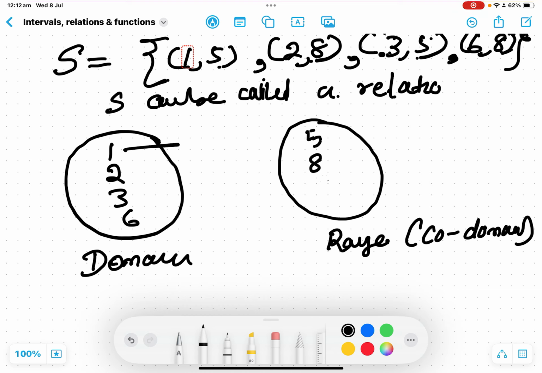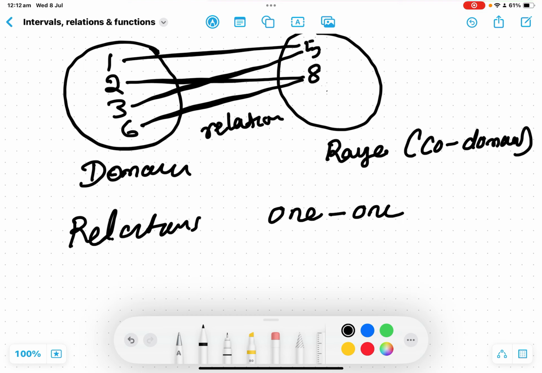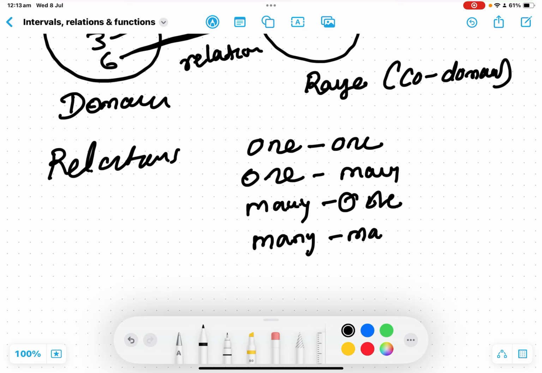Relations can be 1 to 1, 1 to many, or many to 1, or many to many.